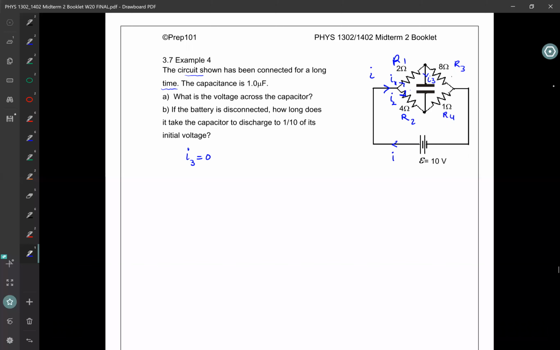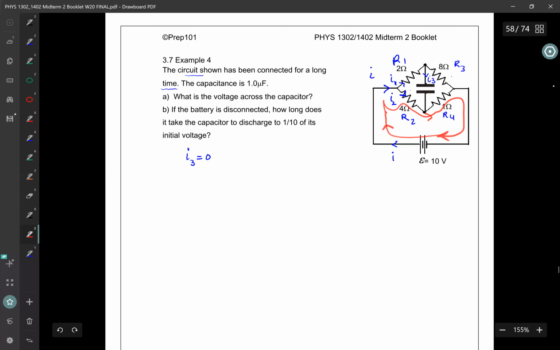Now, in order to find the voltage across the capacitor, we're going to need to find I1 and I2. So what we're going to do, we're going to use loop rules. I am going to take one loop as loop A. I am going to go here, and then go here, and then I'm going to go clockwise and complete my loop.